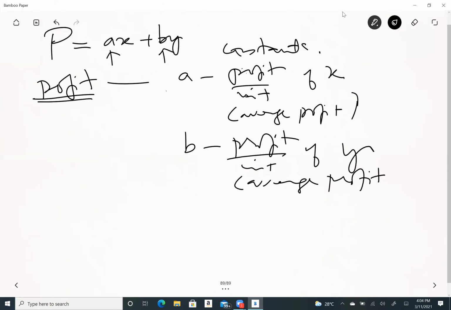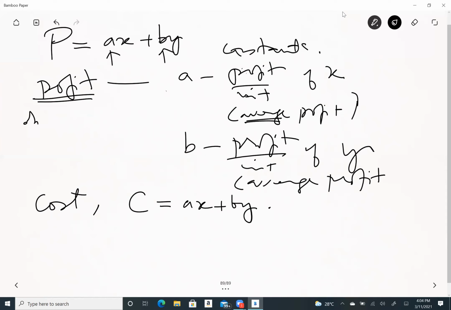Now, what about if our objective is cost? Then the objective function cost is again the same thing, AX plus BY. Now, this A and B is the average of whatever the objective is per unit.